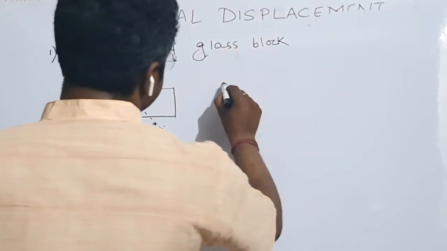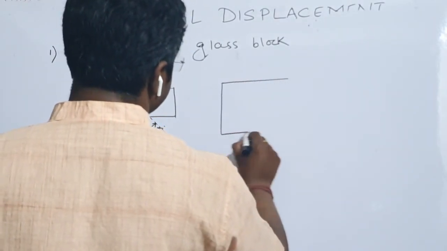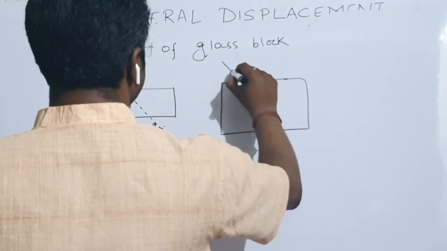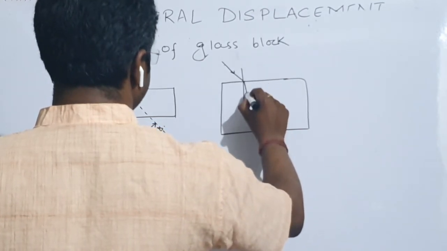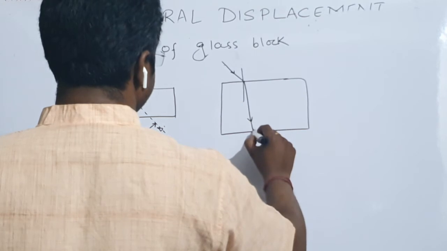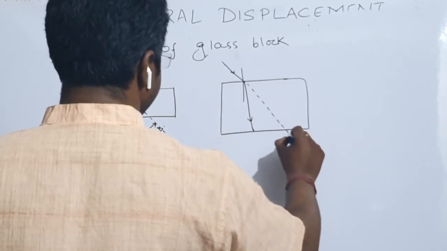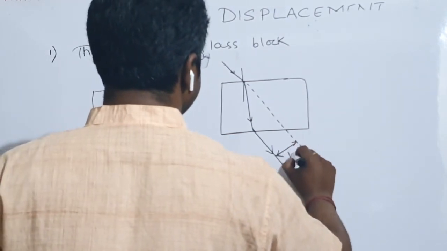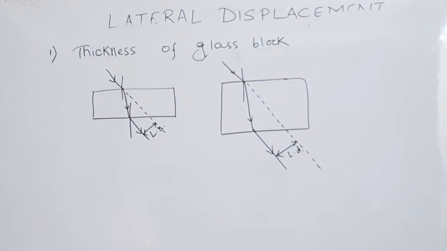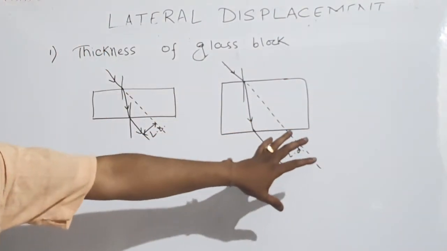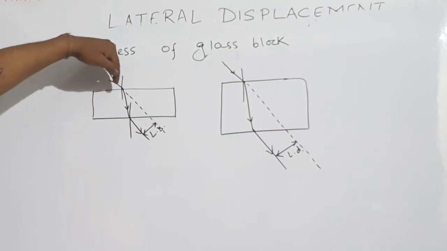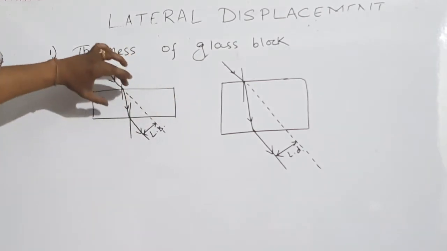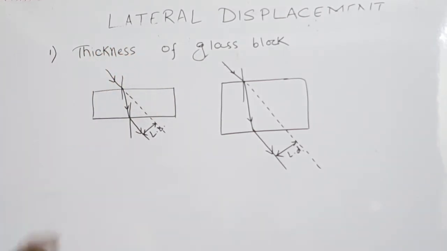Now if I increase the thickness, let us take this one. If you see, now the lateral displacement has increased, right? So as thickness increases, lateral displacement will increase, because as the thickness increases, it goes more and more in the bent direction and then goes straight. The distance will increase more and more as you increase the thickness of glass.